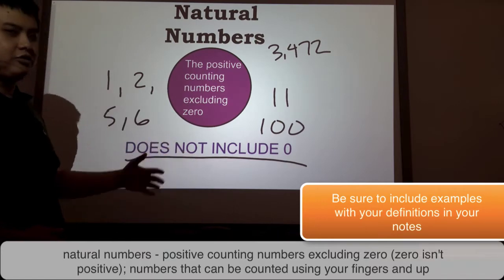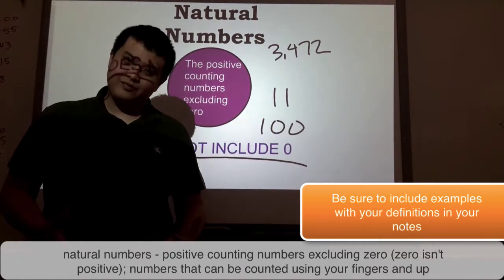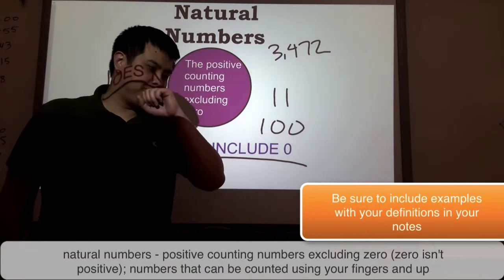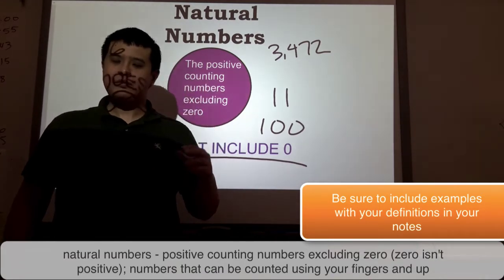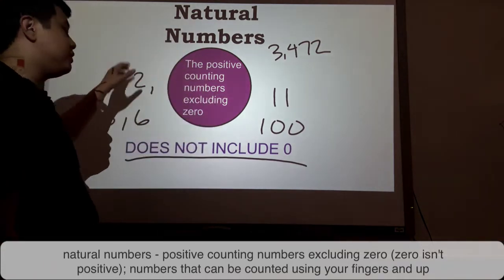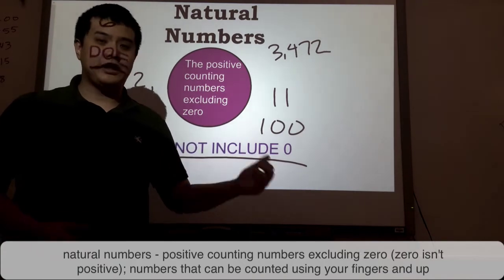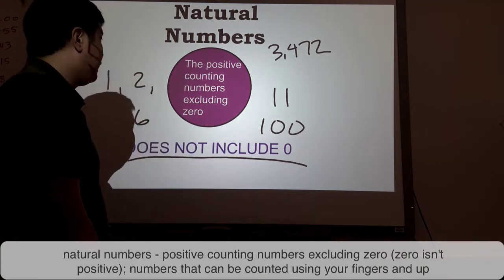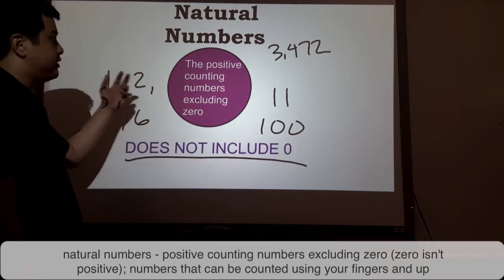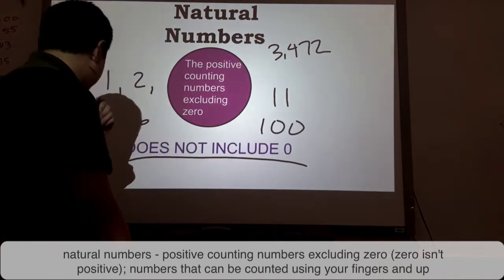Notice how it does not include 0. Back in the day, when we were very primitive, the idea of nothing being represented by a number didn't really come into the consciousness until later. Okay. So natural numbers were the first numbers discovered, and they are anything that you can count with your fingers and up. So again, it includes 1, 2, 5, 6, 11, 100, 3,472.